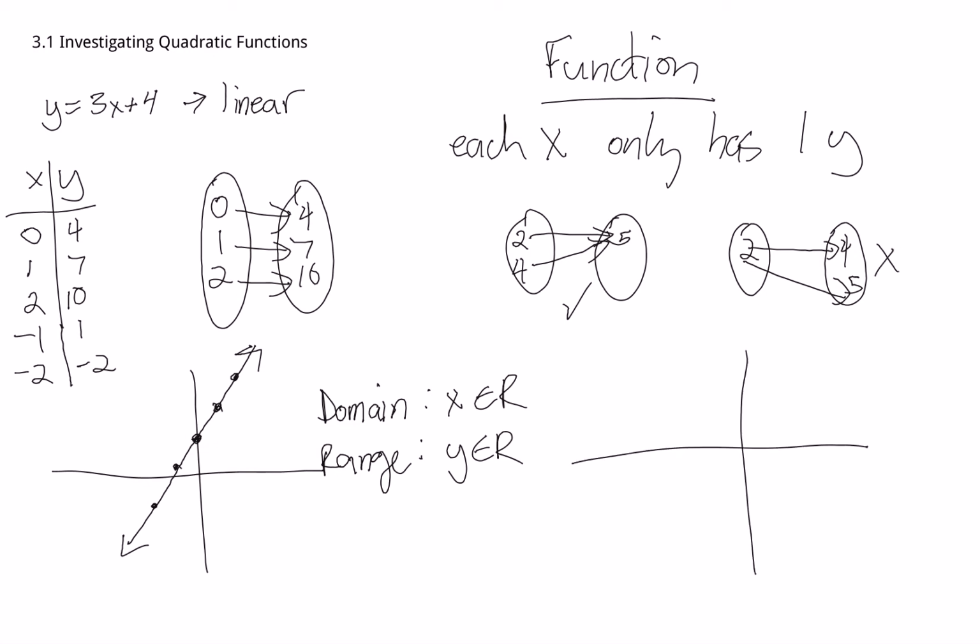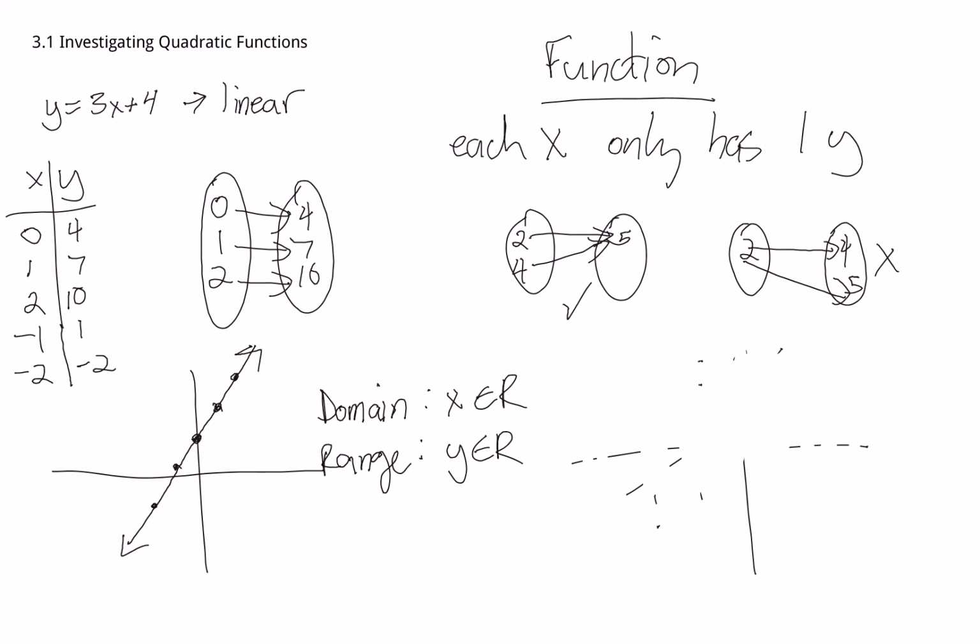And even easier in terms of a graph, if something is a function in terms of a graph, that means we can draw a line through it. So if we put a line vertically, so we do a vertical line, it's only going to touch in one spot. So it doesn't matter where we put that line, it would only touch in one spot. So any kind of graph doesn't have to be just a nice straight line. It could be a few different things.